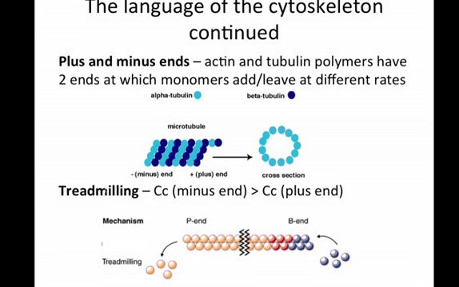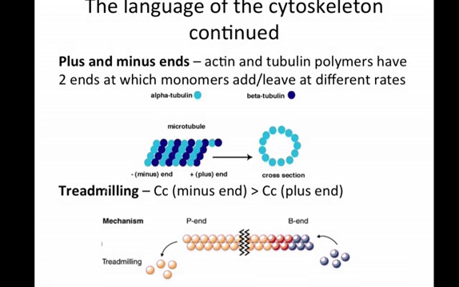Okay, so then there's treadmilling. I think I have a movie for that too. So treadmilling is when, remember your critical concentration is specific to each end of your polymer. You'll have addition and leaving at your plus end and at your minus end.